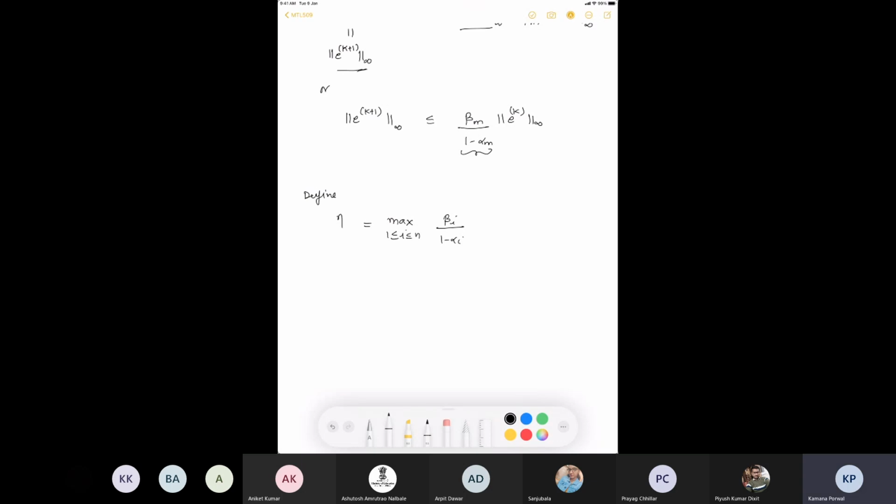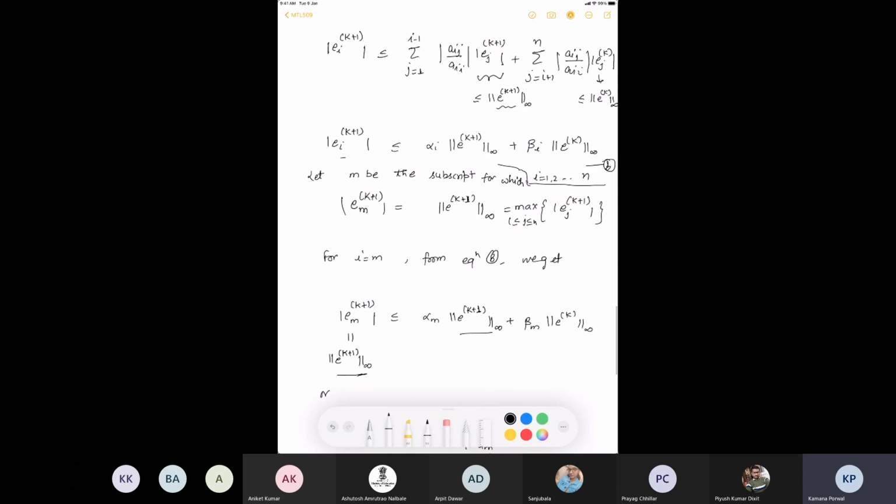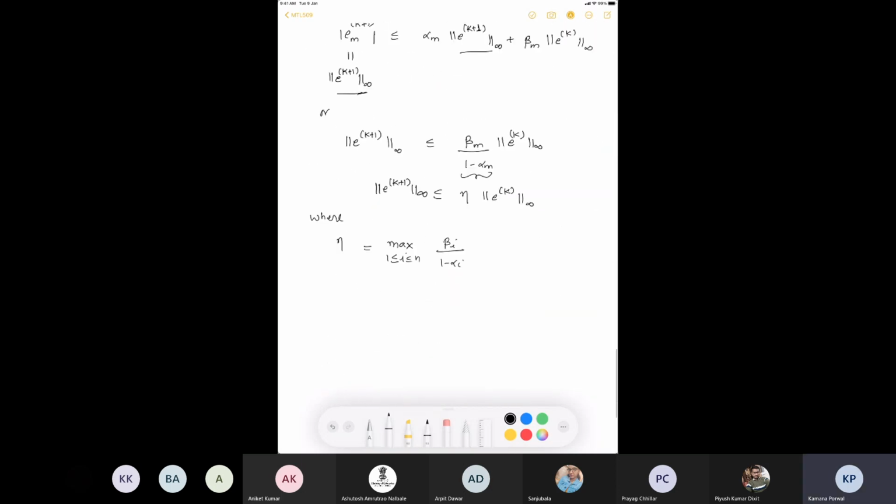So then I can write that this is less than or equal to eta times the L-infinity norm of ek, where eta is defined by this. Okay, so we have got this relation. So let's number it. So this is 9.